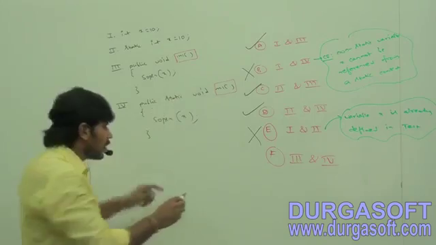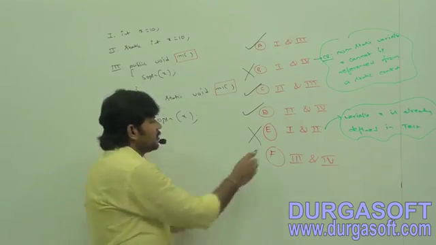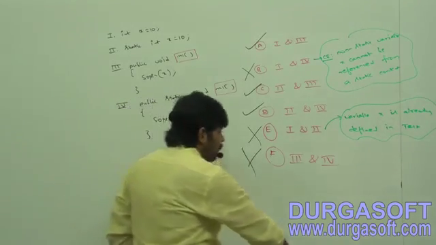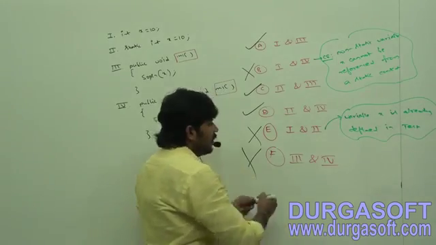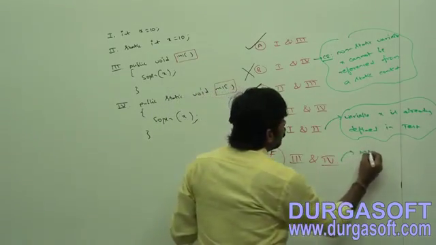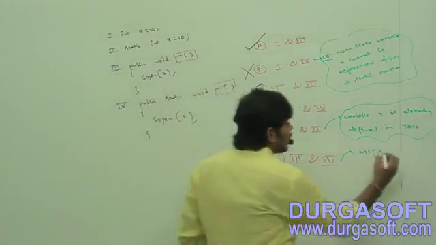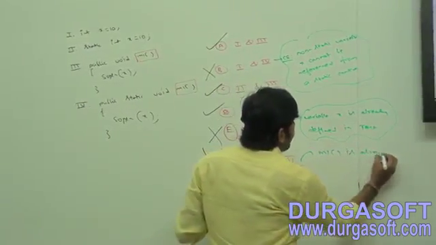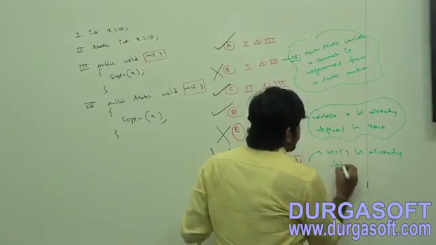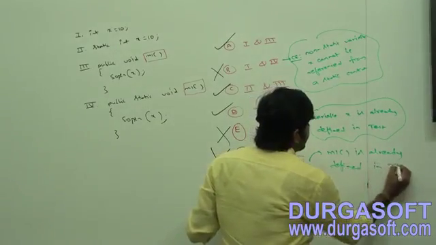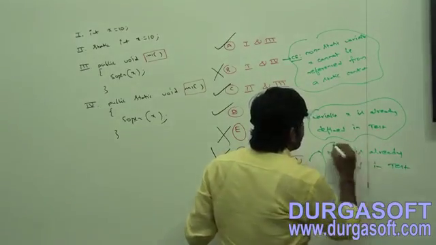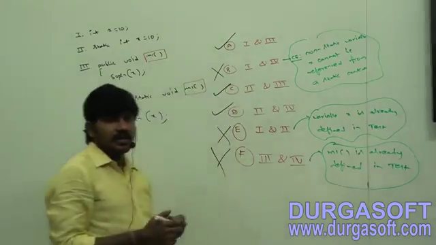Then immediately compile time error we are going to get saying M1 is already defined in test. Are you getting the point?